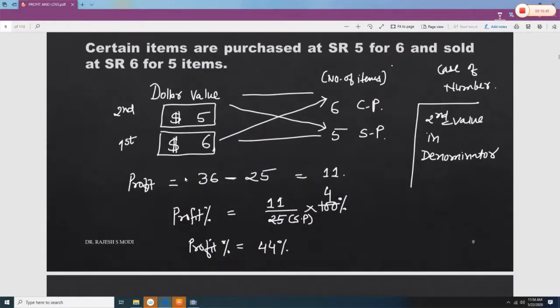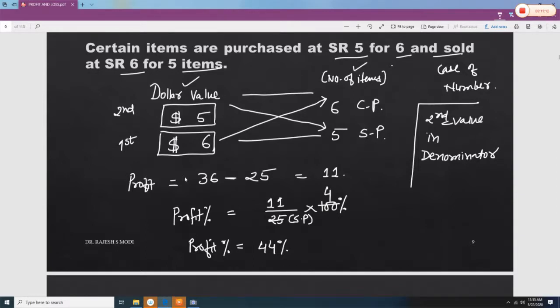Certain items are purchased at 5 rupees for 6 and sold at 6 rupees for 5 items. Now in such type of example, you have to bifurcate the rupee value and the number of items. So first you have to write down the rupee value on one side and the number of items on the other side. Now read the example once again.